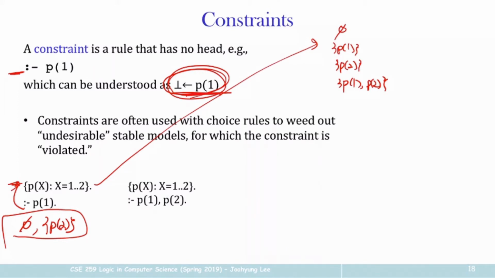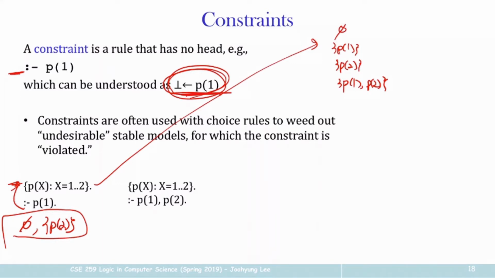Remember, the answer is either 0, 1, 2, 3, or 4, because you cannot have more than the whole 4 stable models here. By adding the constraint, you're only going to eliminate some of these stable models. You're not going to introduce more stable models.